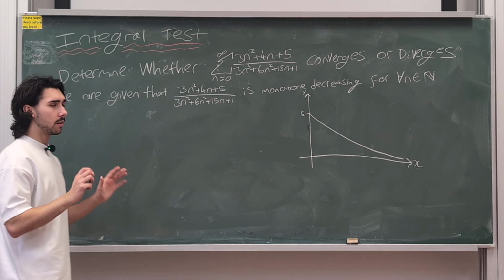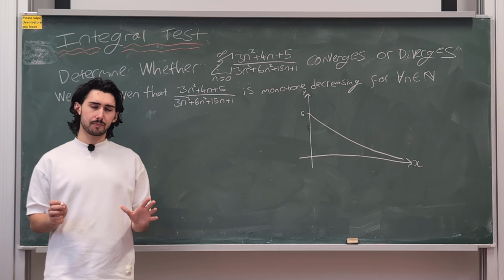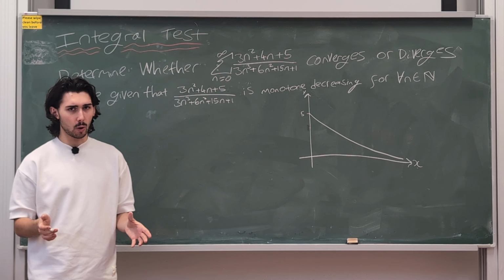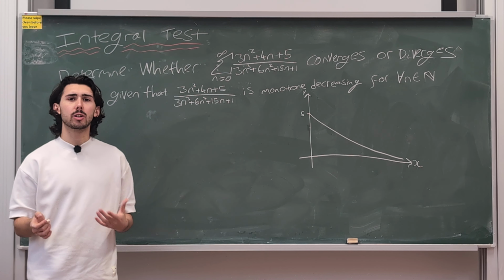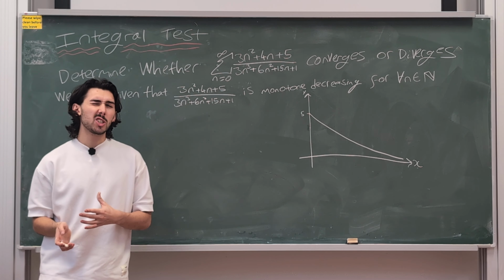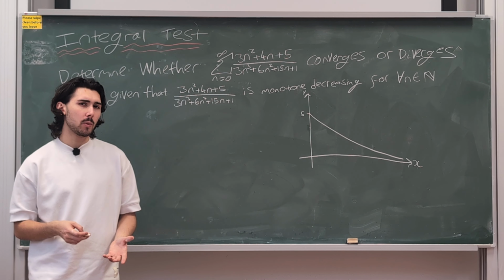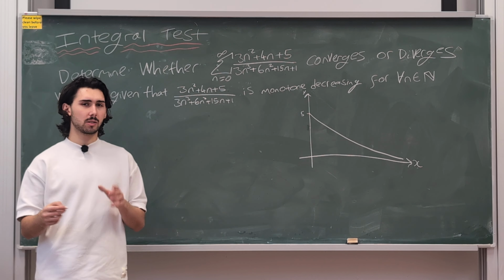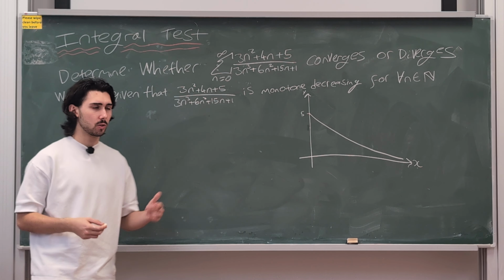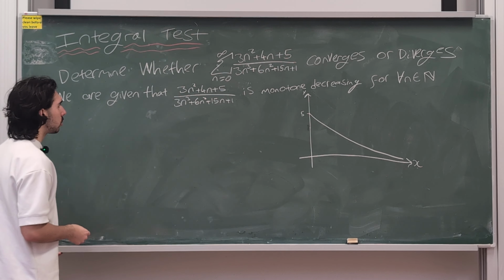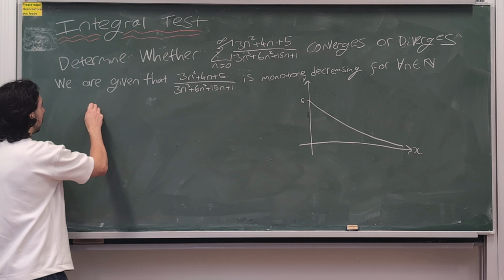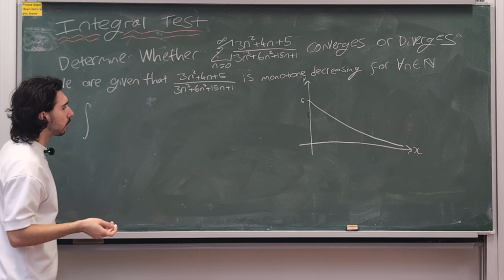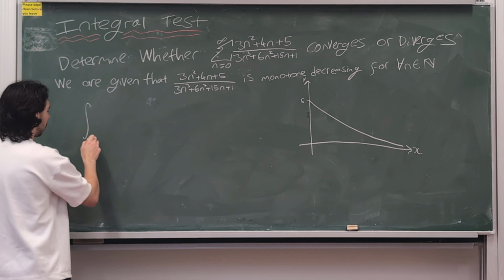So let's just take a step back for a second. One way to do this, if you're really not sure and you don't want to spend too much time guessing wrong, is we can just do the integral, and then determine if the integral converges or diverges. That will help us determine whether we think the sum diverges or converges. So let's just do the integral. It's not really obvious where we should start from, but let's just start from 0 for now.